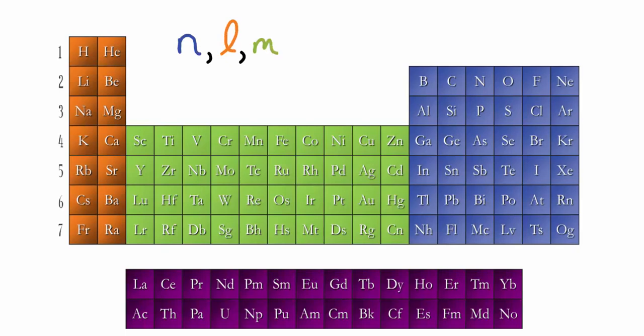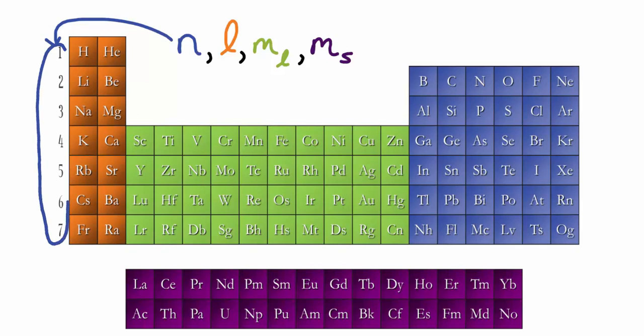The four quantum numbers are n, l, ml, and ms. The first quantum number, n, is for the energy level. Oftentimes it will coordinate with the row or period on the periodic table. The l value is going to tell us specifically which orbital type we're in, the s, the p, the d, or the f.